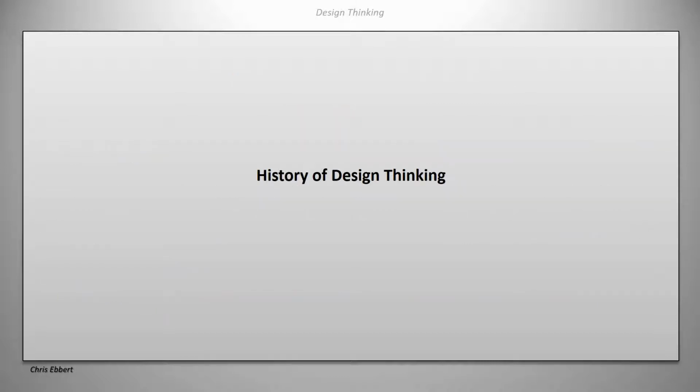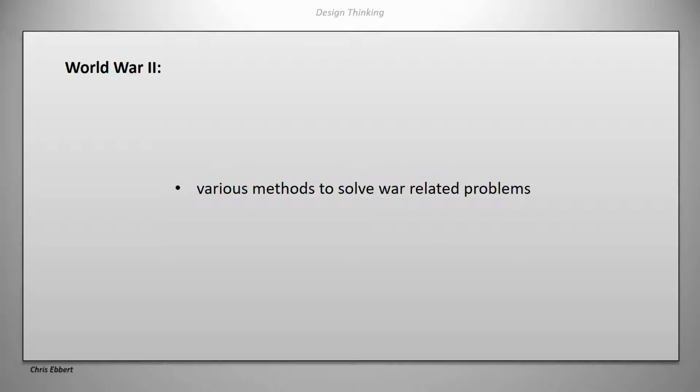Now, as for the history of design thinking, you'll probably remember that during the First and especially Second World War, there were a lot of problems that had to find instant solutions, such as dogs were used in the war effort, but gas was also used by the enemy.